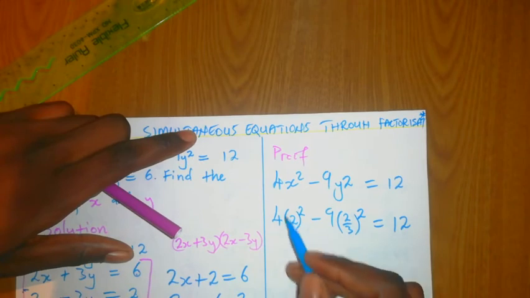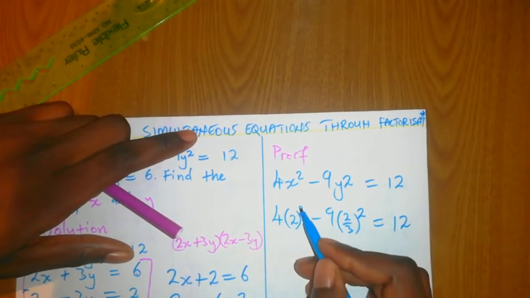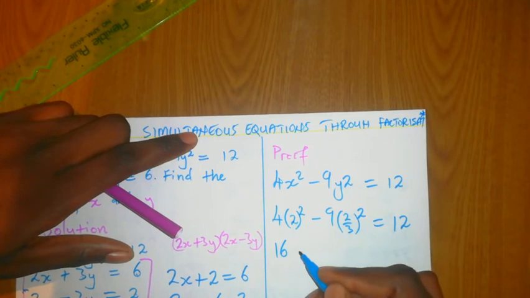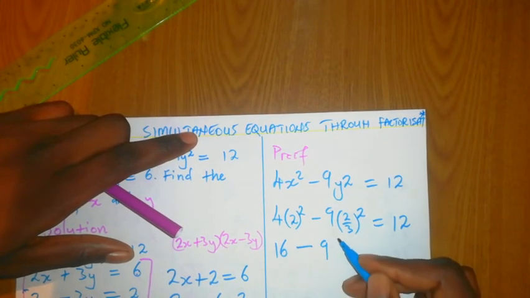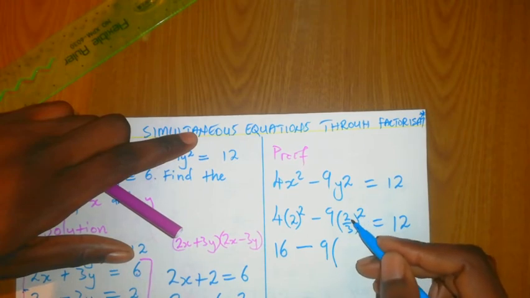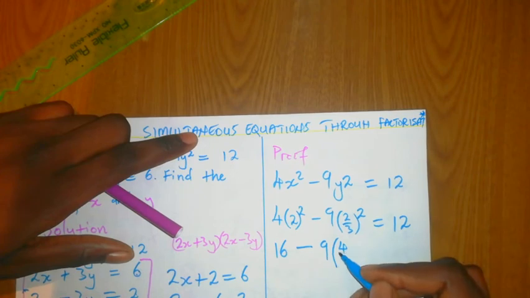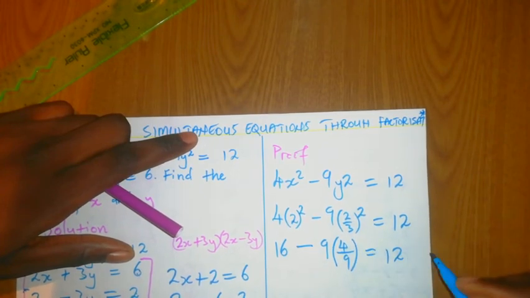Whenever you are doing this, we prioritize the index. So it's now 2 squared, that's a 4. Then 4 times 4, that's a 16. It's now 16 minus 9 bracket, then everything will be affected by that power. We're going to have a 4 over 9 is equal to 12.